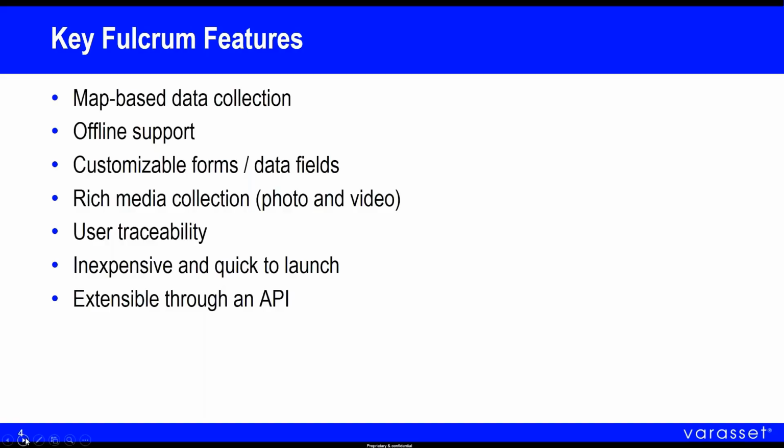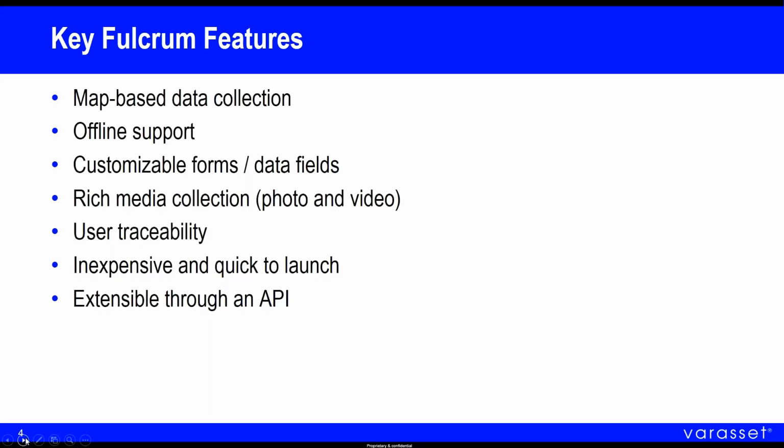Some of the key Fulcrum features that help support your needs would be that it's a map-based data collection tool. So it allows you to not only access your apps in the field, but also have a visual representation on a map in the field.